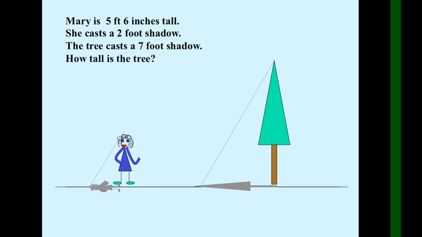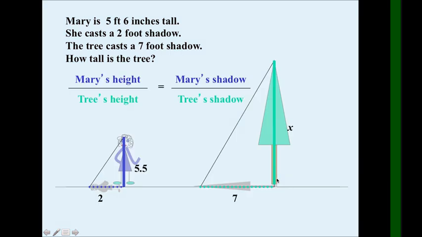Another, Mary is 5 feet 6 inches tall. She casts a 2-foot shadow. A tree casts a 7-foot shadow. How tall is the tree? So we're looking for the height of the tree. So Mary's height over tree's height equals Mary's shadow over tree's shadow. So yung height ni Mary is 5.5. Yung tree's height is x.